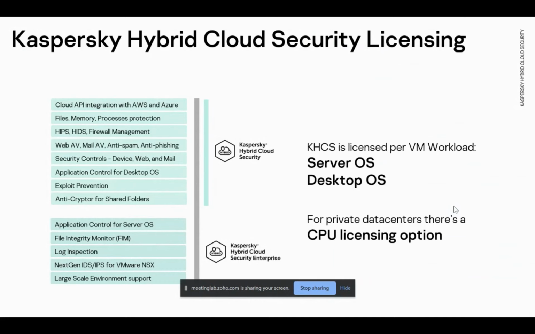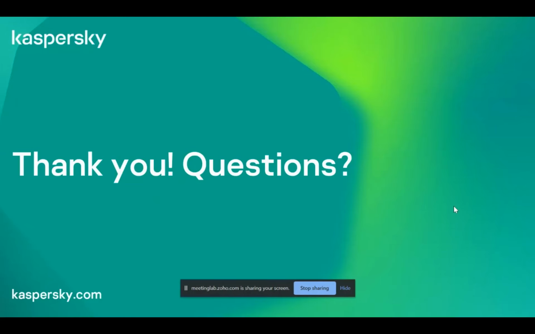So it's better to use per workload as a standard. But if you have a private architecture and you know the CPU count and everything, it's also good to go with the per CPU approach. So two license editions, that is standard and enterprise, and two licensing modes, that is per workload and per CPU.